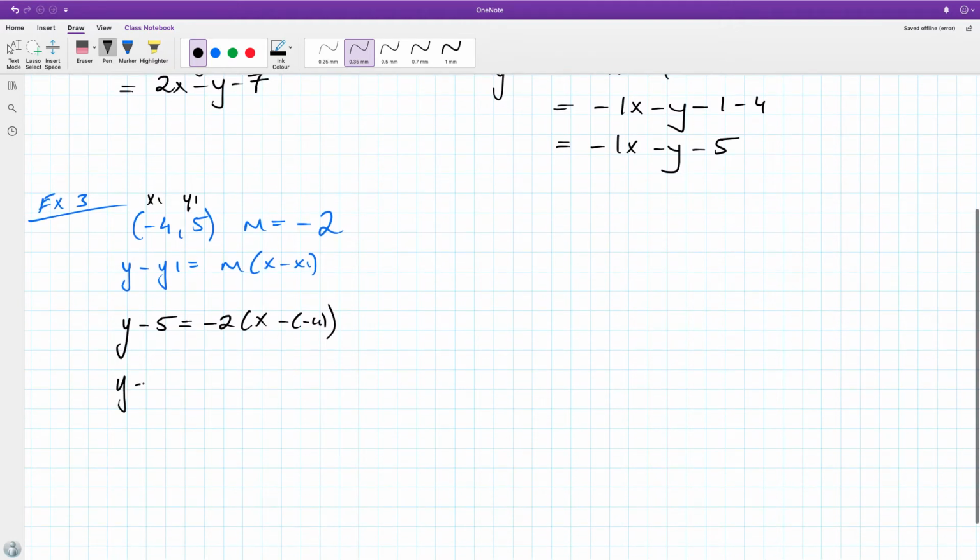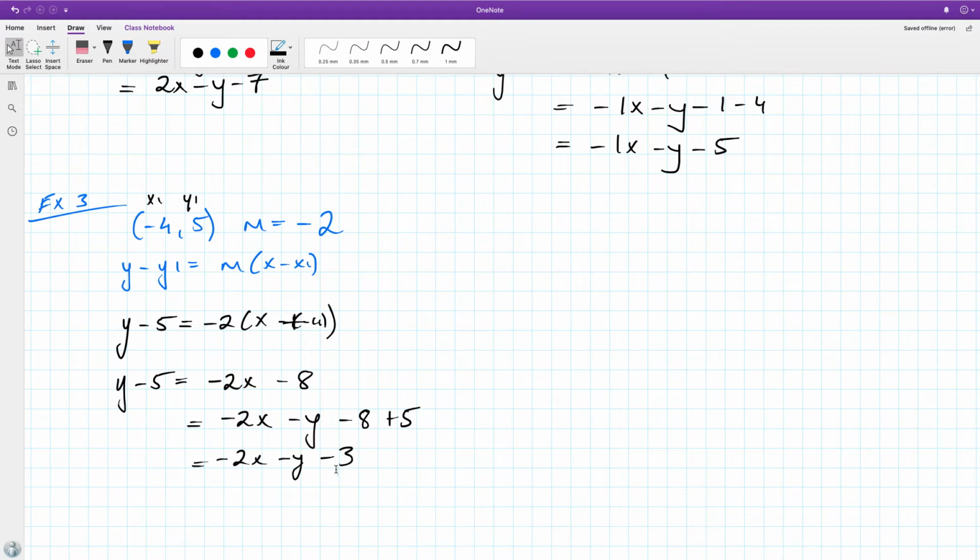That's y minus 5 is equal to minus 2x. Minus by minus 4 is plus 4. Minus 2 by plus 4 is minus 8. Is equal to minus 2x minus y minus 8 plus 5 is equal to minus 2x minus y minus 3. Be happy with that?